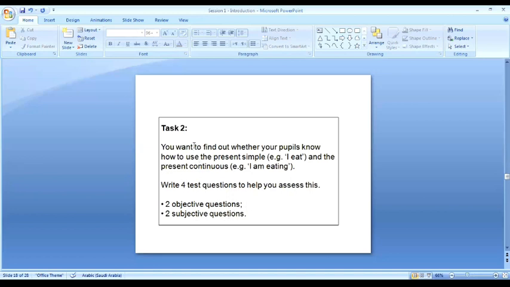This is a task. You're going to do this for this week, and then you send it via email or WhatsApp. So you just want to test the students' present simple and present continuous. Write 2 objective questions and 2 subjective questions.